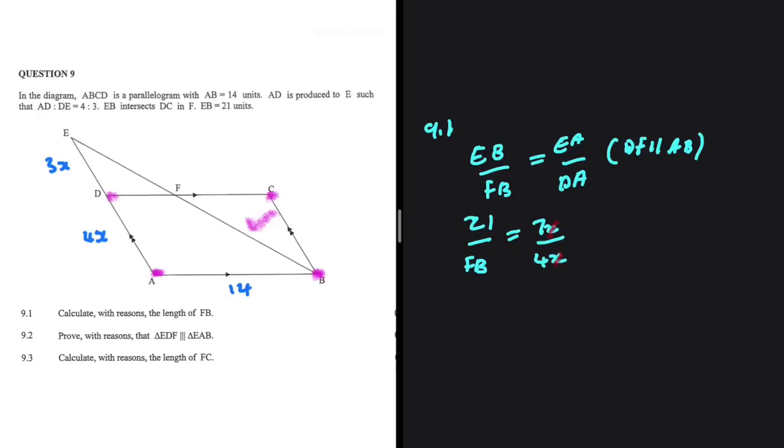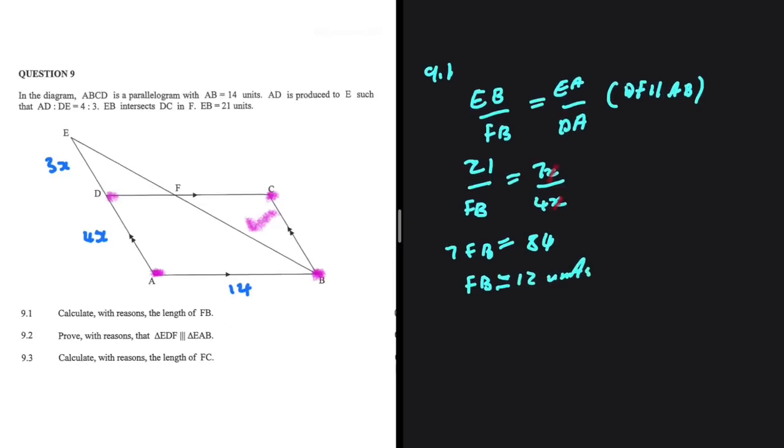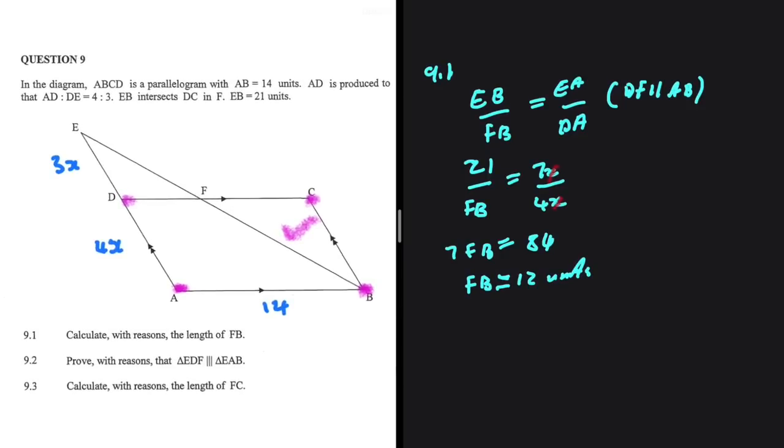If we cross multiply, we get 7FB equal to 21 multiplied by 4. So we have 7FB equal to 84. If we divide both sides by 7, we get FB is equal to 12 units. So there we go. We have the length of FB.